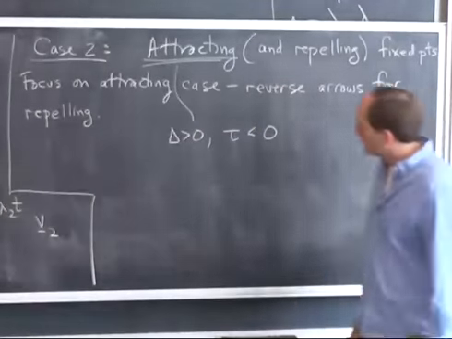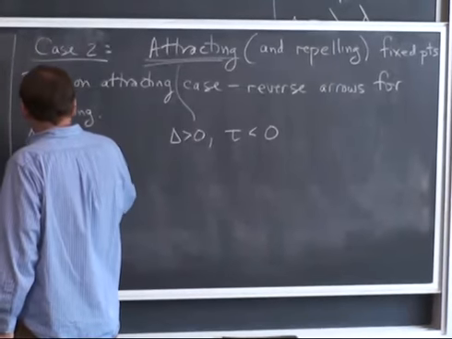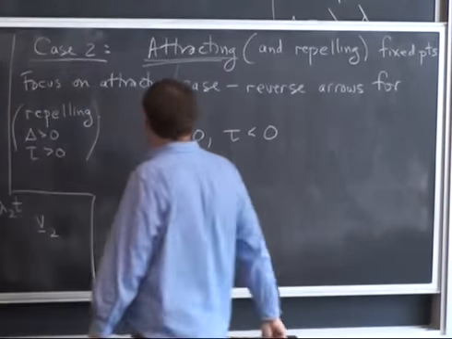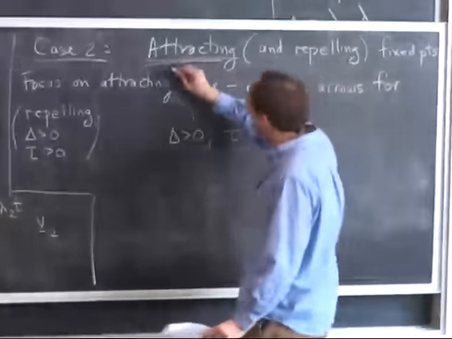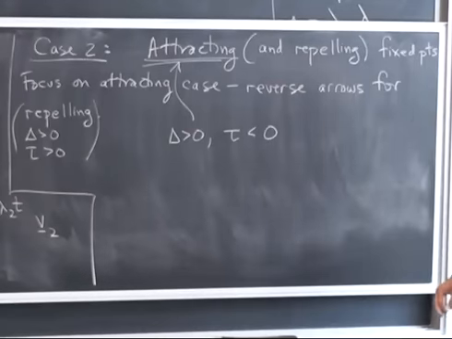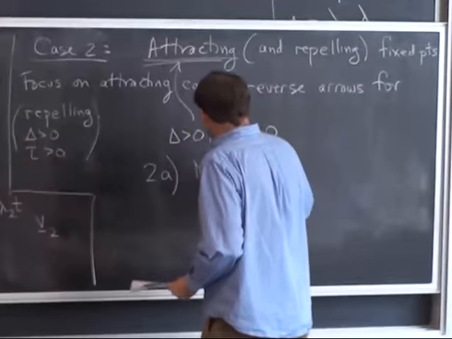The repelling ones have a positive determinant but a positive trace. So let's now look at, as I say, there's sub-flavors or whatever. So case 2A are what we'll call nodes.